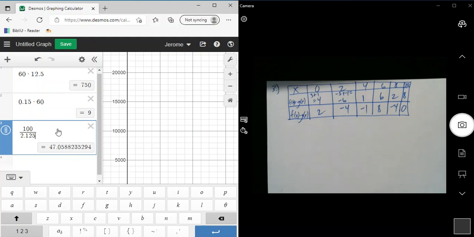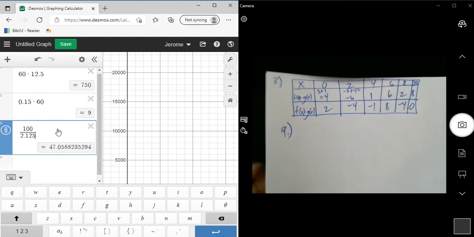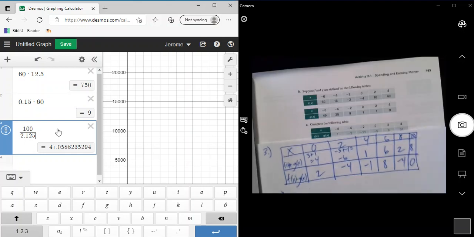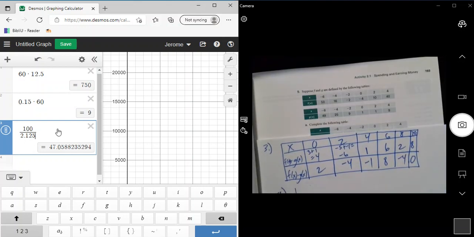Now we go here to number 9. I said I would do 1, 3, and 9 from 2.1. Okay, suppose f and g are defined by the following tables. It says complete the table. All right, it's basically the same thing here. So we need to do a table here.